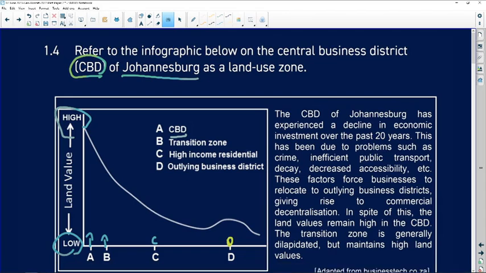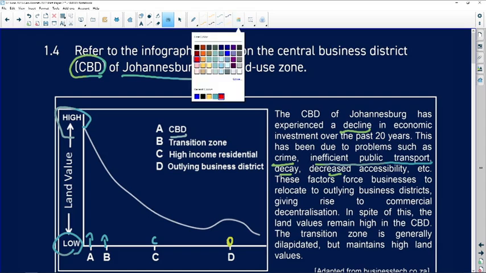If you just quickly have a look at the information that's been given to us, the CBD of Johannesburg has experienced a decline in economic investment over the past 20 years. So there's a decline. Problems such as crime, inefficient public transport, decay, decreased accessibility are the main problems that are being experienced.